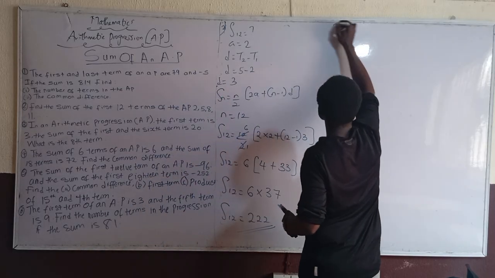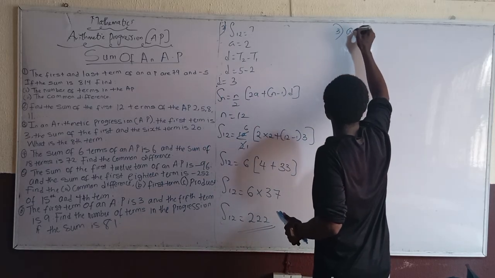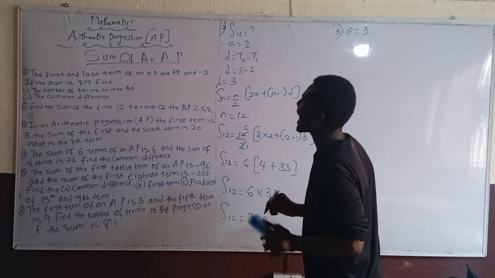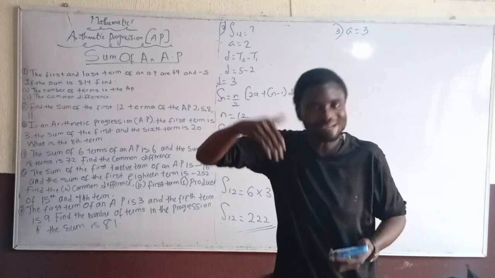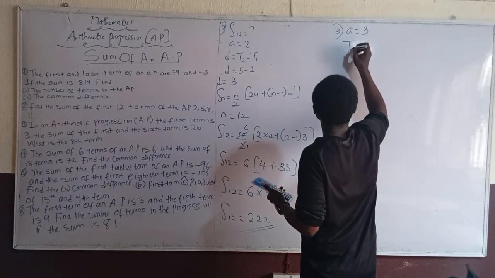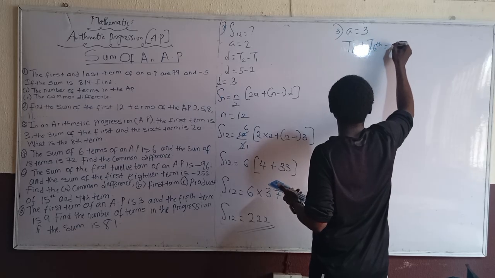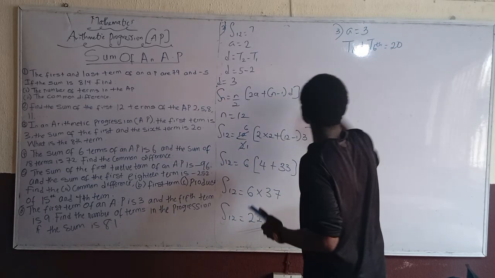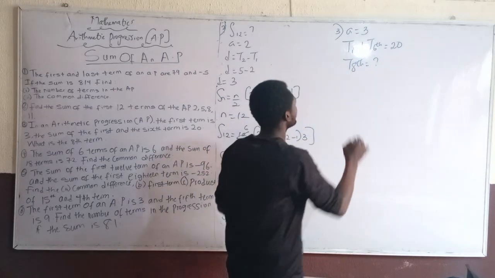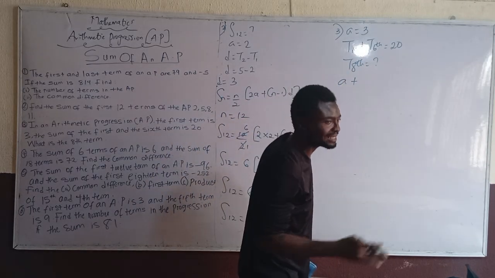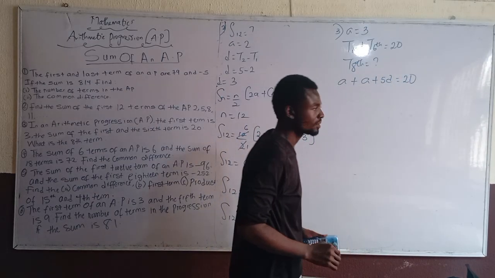So number 3. In an arithmetic progression, the first term A is 3 and the sum of the first and sixth term is 20. The sum of the first and sixth, that means T1 plus T6 is 20. What is the eighth term? Now T1 is A, T6 is A plus 5D equals 20.